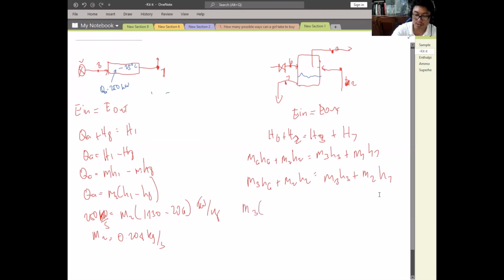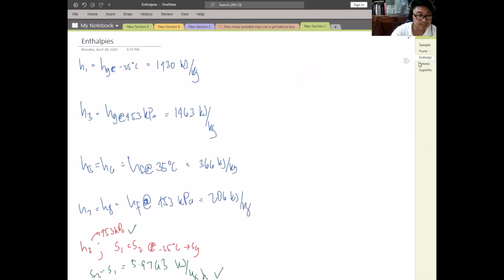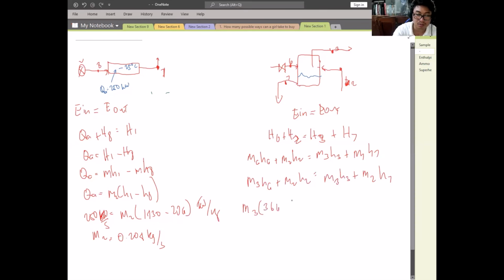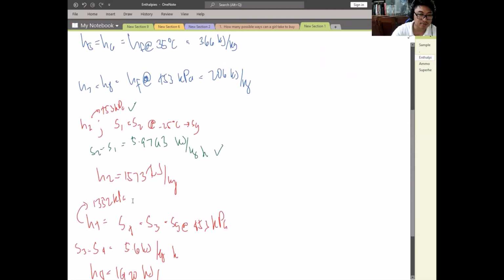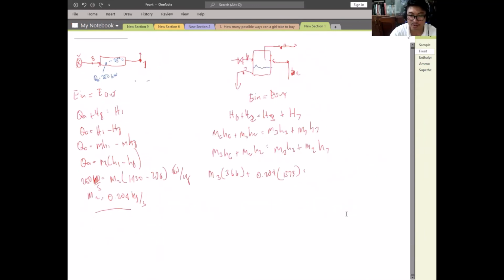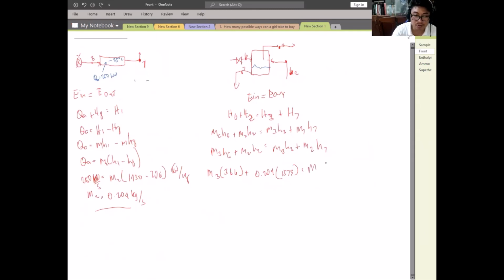By substituting, we have M3 with H6. H6 is 366. Plus M2, which is 0.204, times H2, which is 1573. So M3 is unknown.